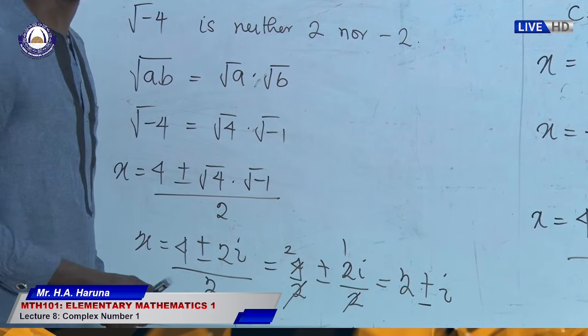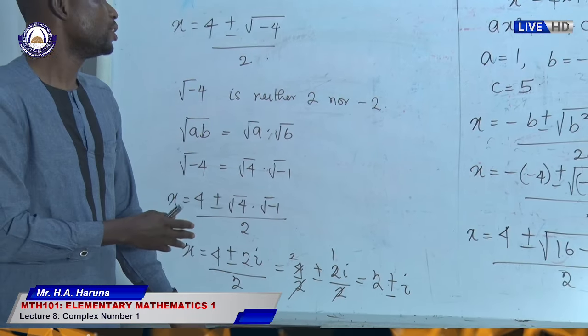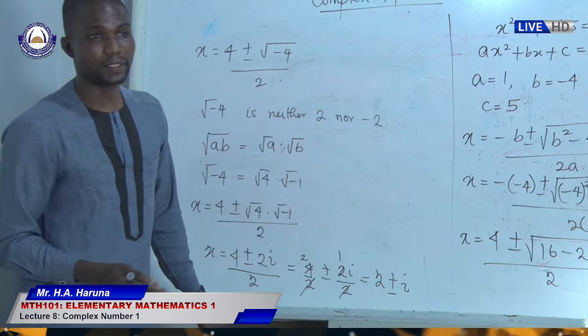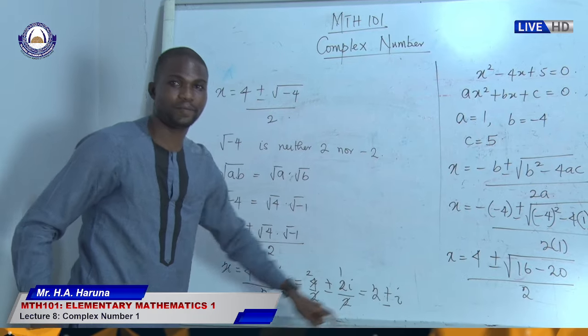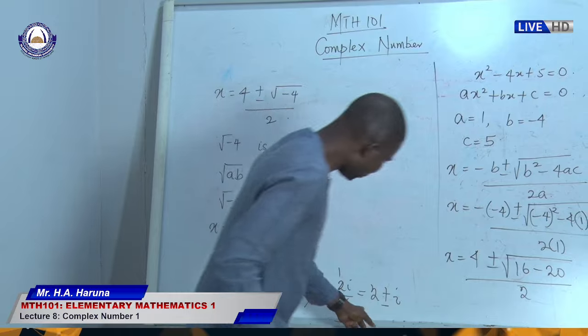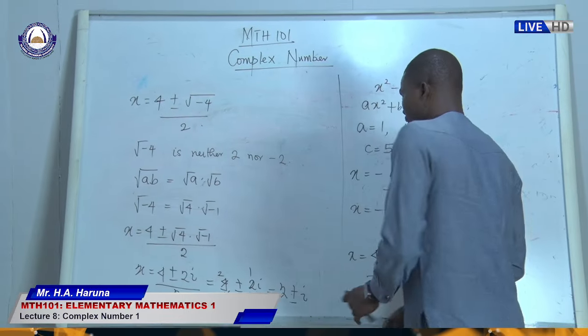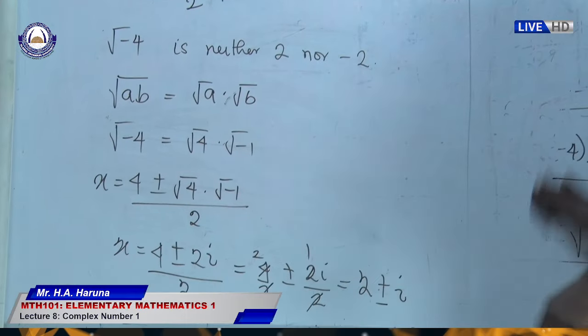So, in a nutshell, a complex number has a real part and also an imaginary part, which is the i. I believe everybody understands what I did here. Let me break it out so that we can have a clear meaning.